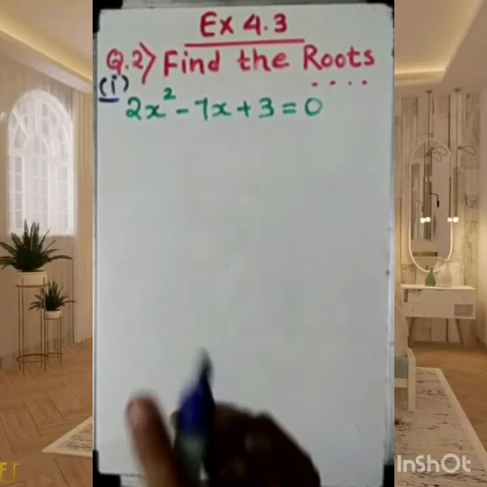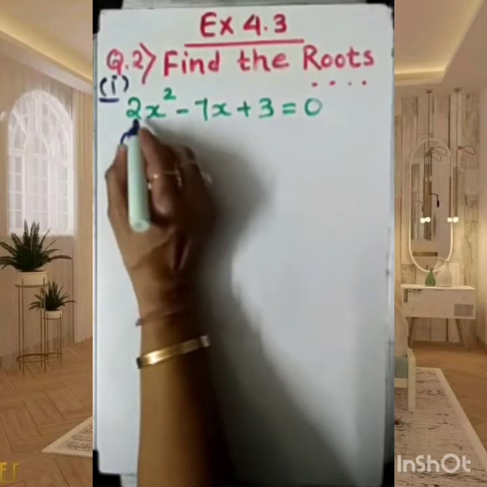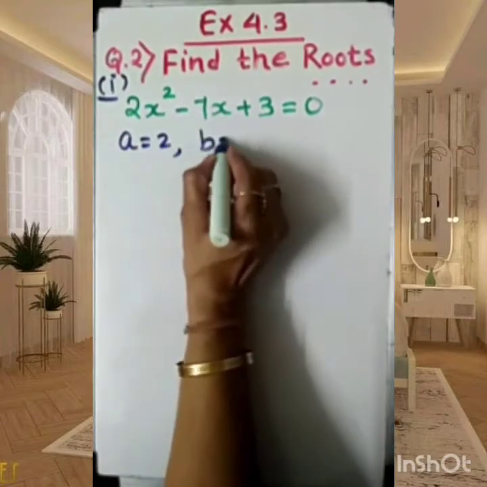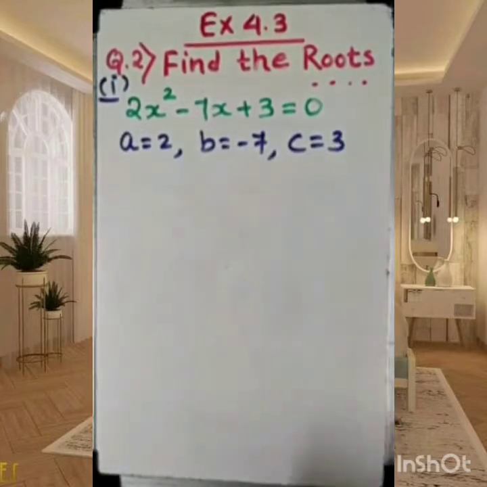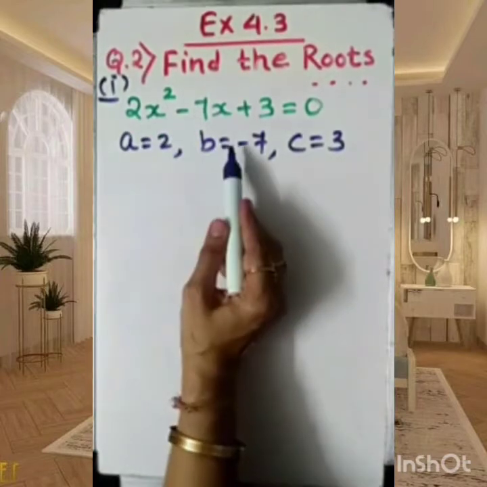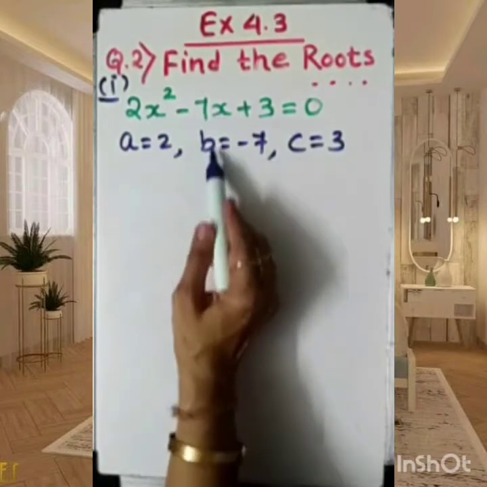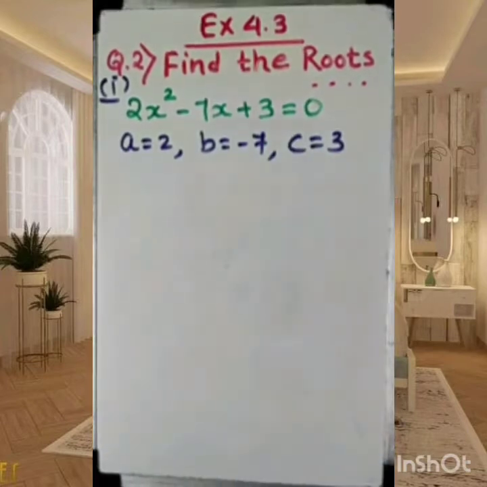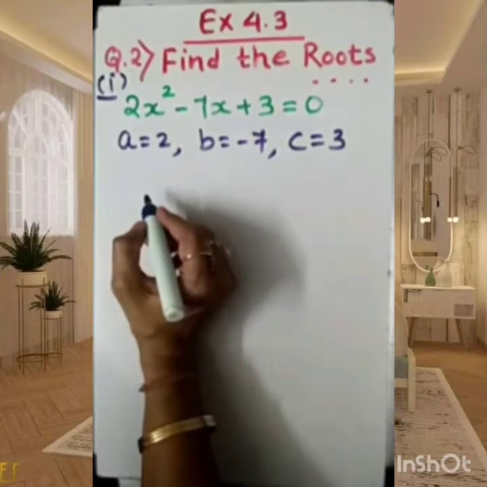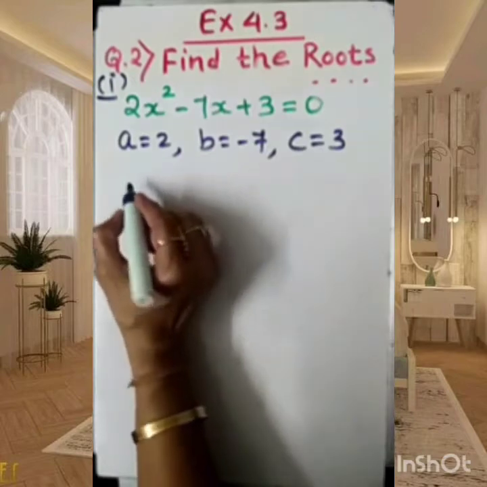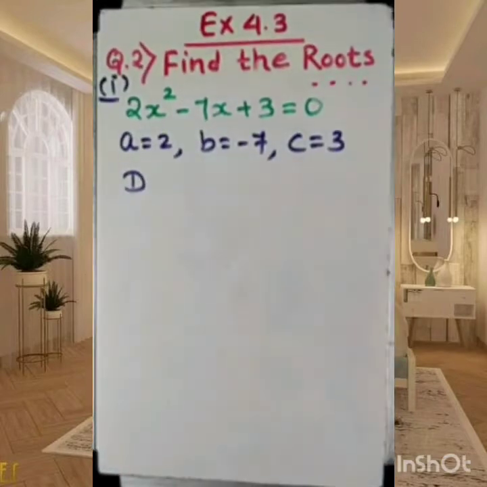So let's begin. a equals 2, b equals minus 7 and c equals 3, which we know very well. a is the coefficient of x square, b is the coefficient of x, and c is the constant. Now, before we apply the quadratic formula, we need to find the discriminant value.